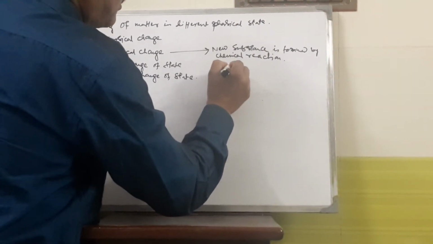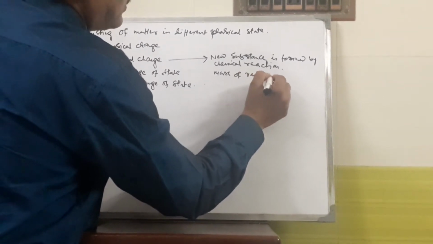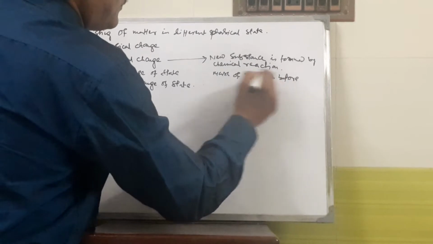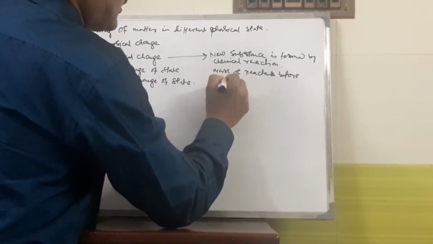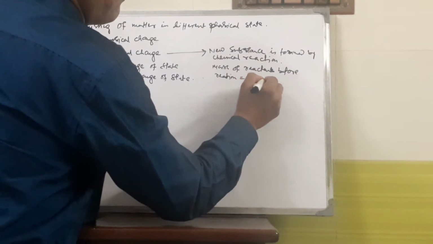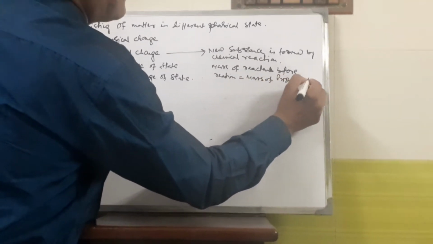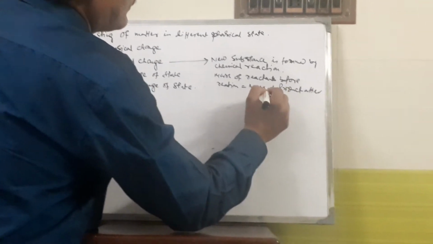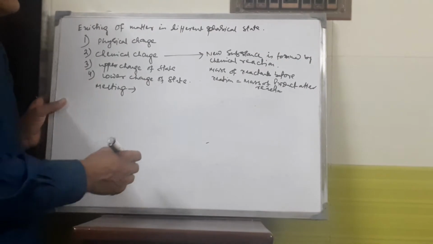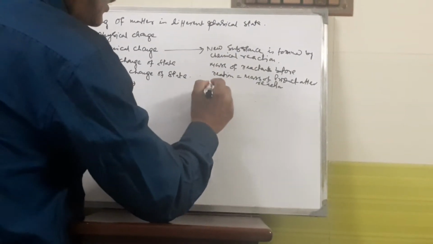Mass of reactants before reaction is equal to mass of product after reaction. So there will always be formation of new substance in case of chemical reaction.